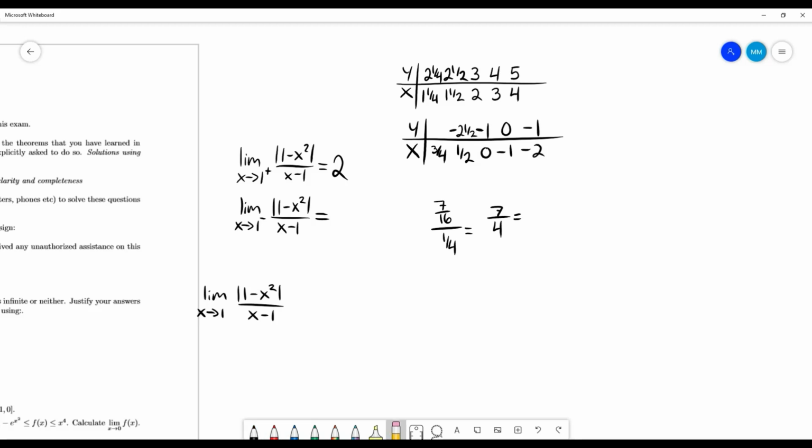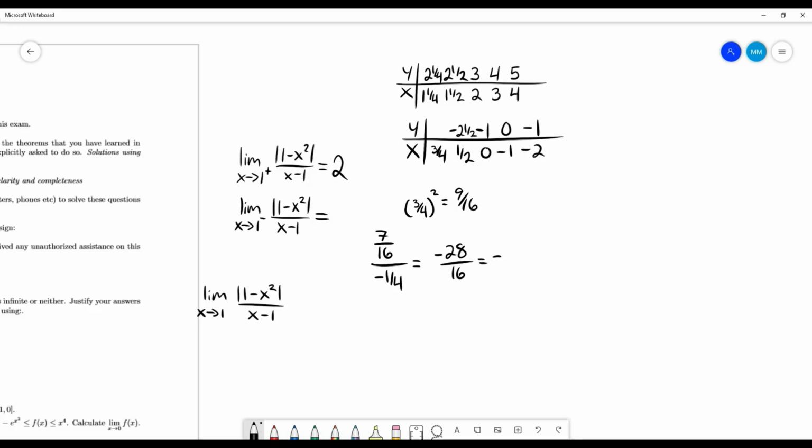I feel like I made a mistake. I'm going to back up and redo that just to be sure. So we're plugging in 3/4. 3/4 squared is 9/16. That's correct. 1 minus 9/16 is 16 minus 9, which is 7, so this is going to be 7/16. 3/4 minus 1 is -1/4, which is -28/16.